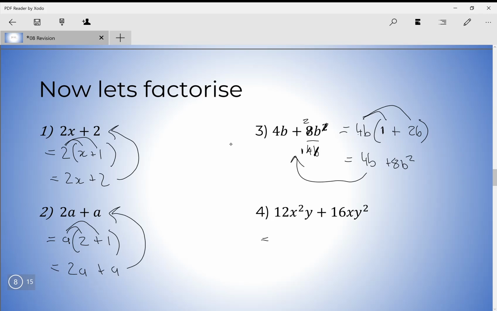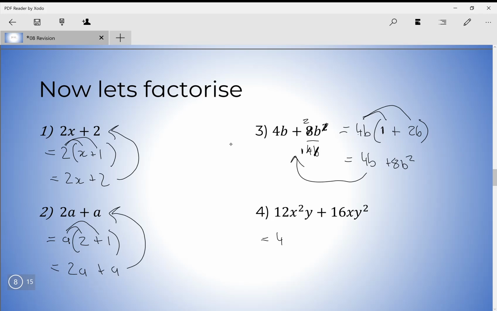And so let's check 4. 4 divides into 12. 4 divides into 16. But can we go any higher than 4? 6 doesn't work. 6 can divide into 12, but it can't divide into 16. 8 doesn't work. It can divide into 16, but it doesn't divide into 12, so I think we're going to choose 4 for our number.